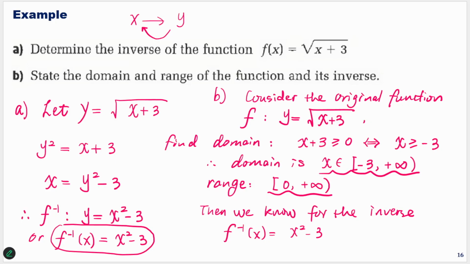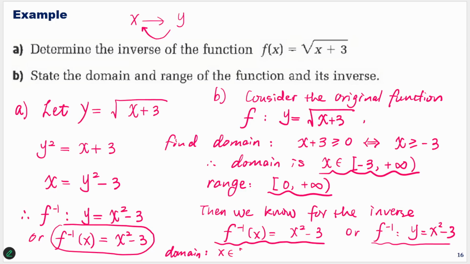Of course, you could also say the inverse is expressed as y equals x squared minus 3. Both of the two expressions are acceptable, okay? And the domain of the inverse is the range of the original, right?